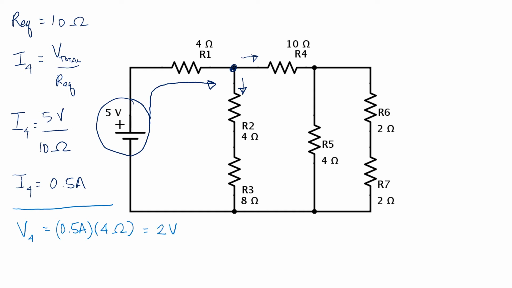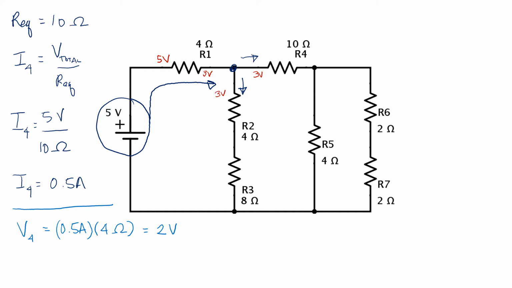So what that means is my battery here has 5 volts. That means this side of the resistor is at 5 volts. I'm dropping 2 volts, so this side of the resistor is at 3 volts. So for the next section here in parallel, this is at 3 volts, and this is at 3 volts.